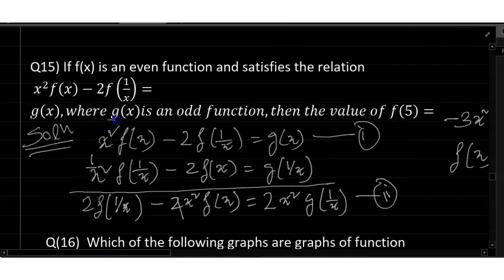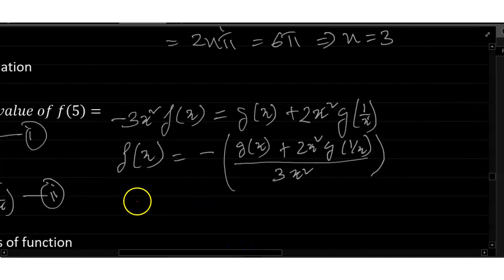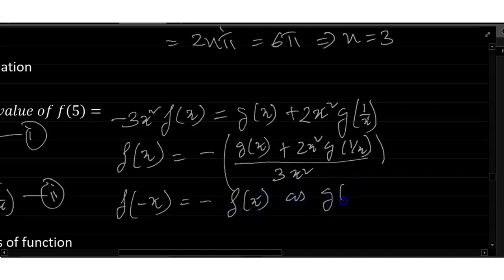Now it is telling that given that g(x) is an odd function, so that f(minus x) equals minus of f(x), as g(x) is an odd function.